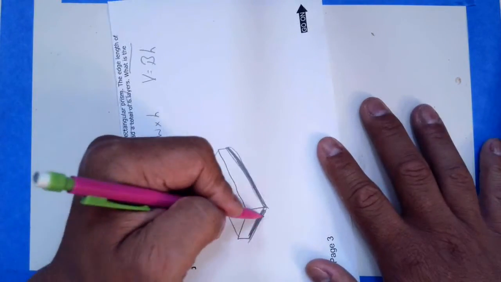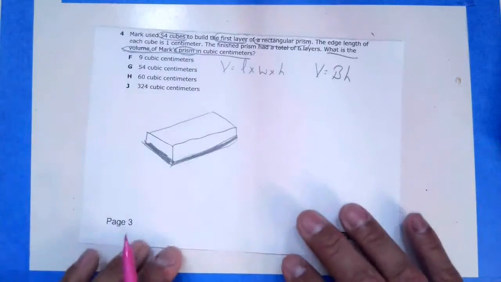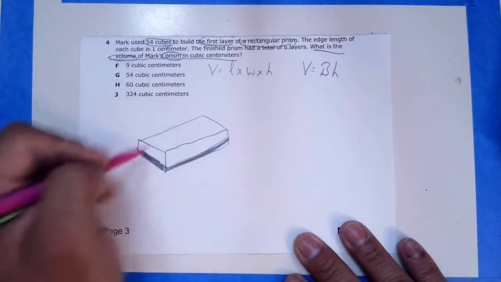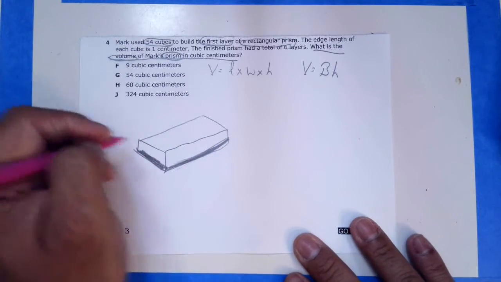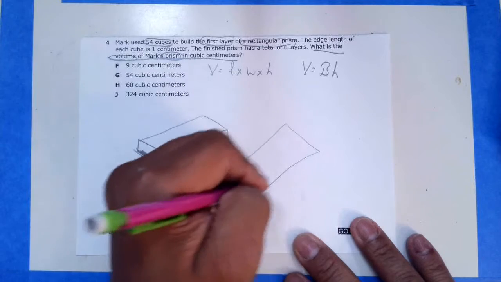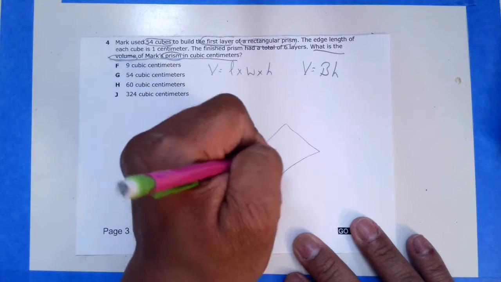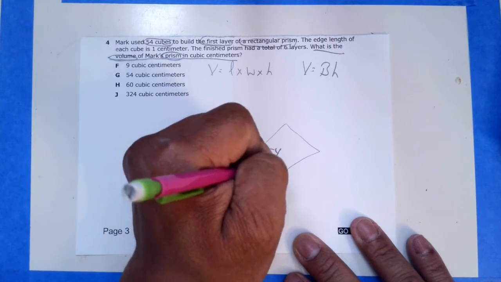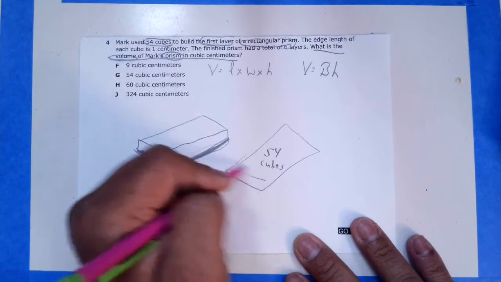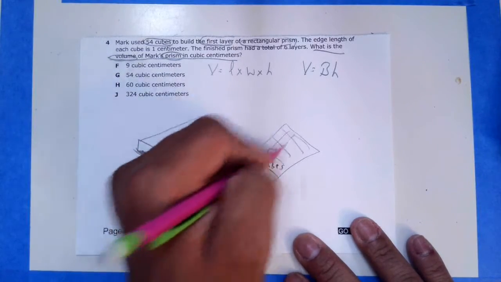That first layer is going to have 54 cubes, all the inside. So if I take this little top off, you're going to see the first layer, and it's going to have 54 cubes. All of this. There's all these little cubes in there.